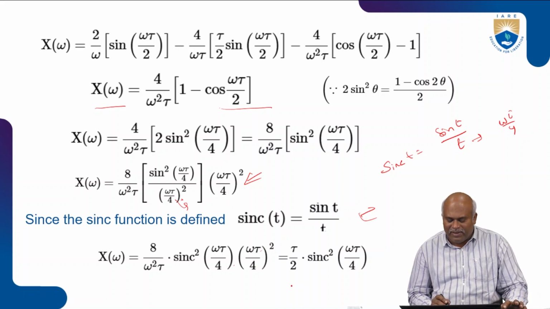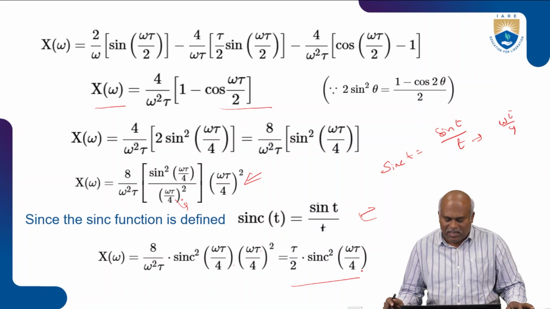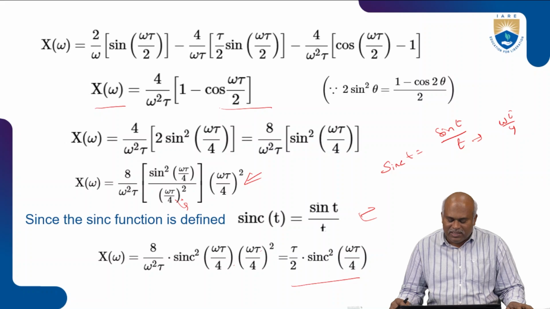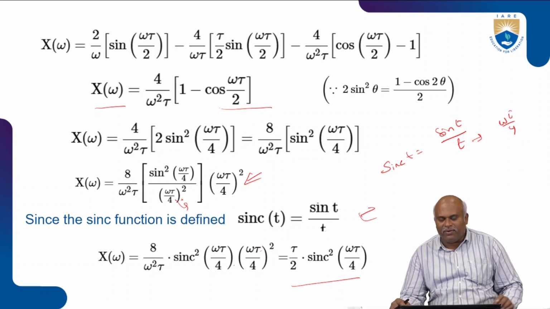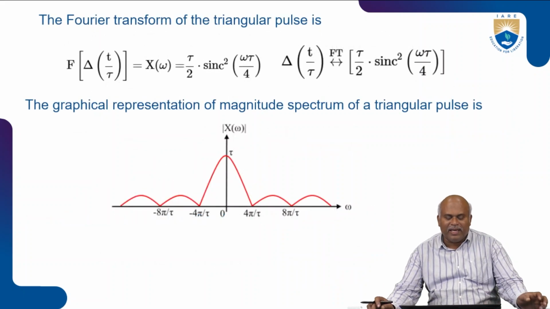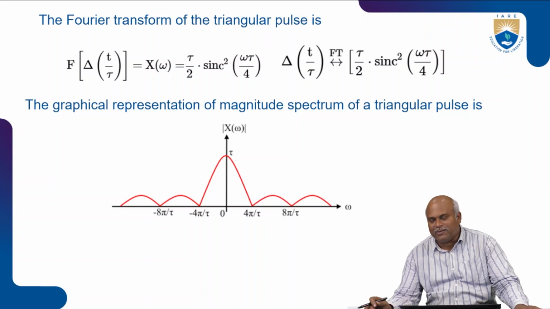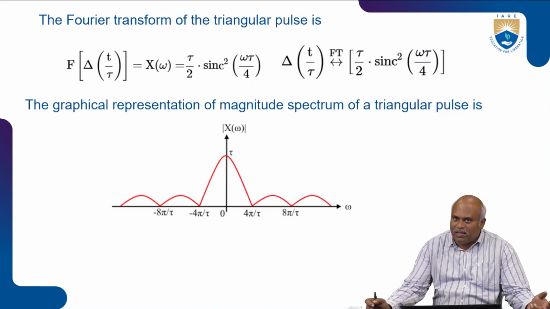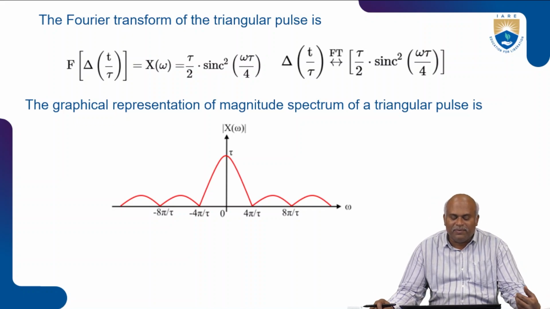So finally we write our equation as X of omega is equal to tau by 2 sinc square of omega tau by 4. This is the Fourier transform of the rectangular pulse. Sorry, the triangular pulse.